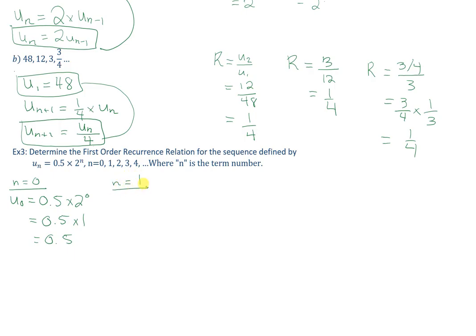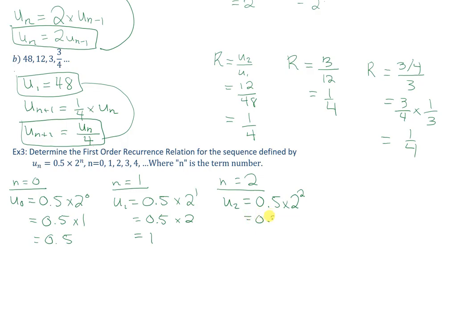If I set n equal to 1, u1 is 0.5 times 2 to the 1. Anything to the power of 1 is itself. Half of 2 is 1. Taking u2, I'm just putting the number in where the n currently is.